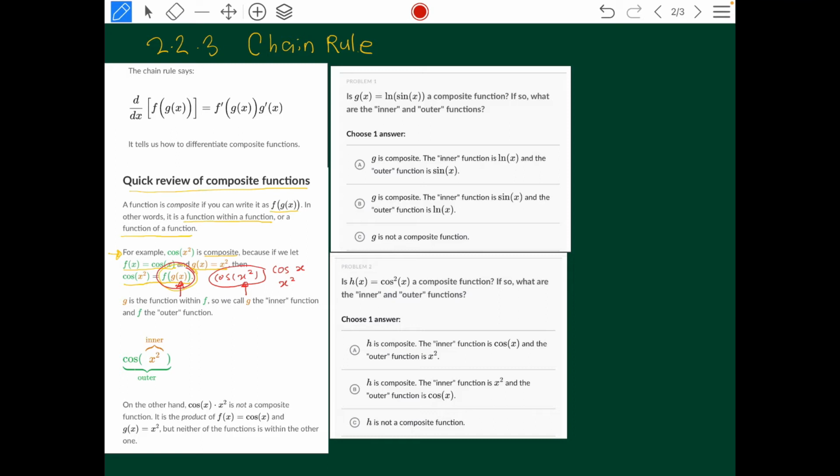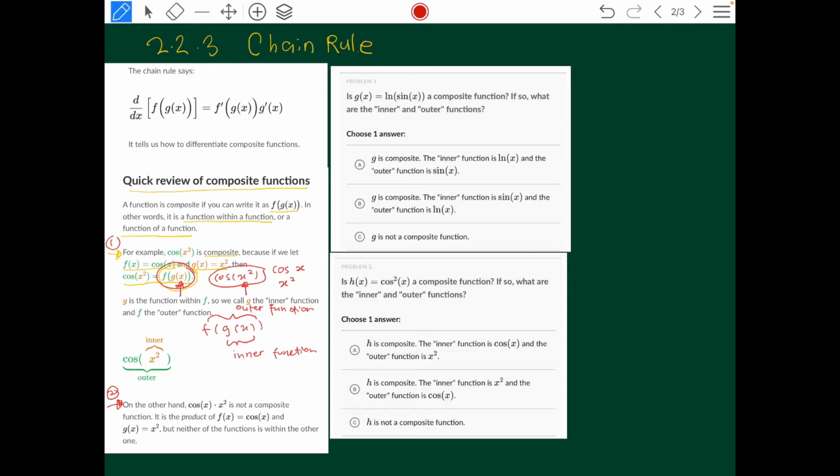So in f(g(x)), a composite function, g(x) is the inner function, whereas the bigger one, f(g(x)), is the outer function. This is example 1, and this is example number 2.